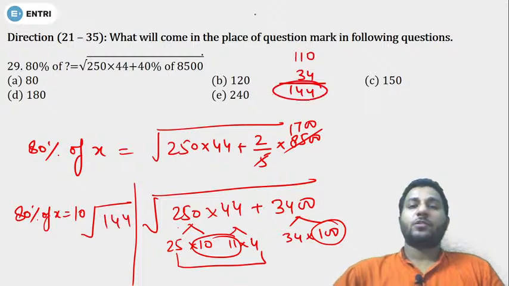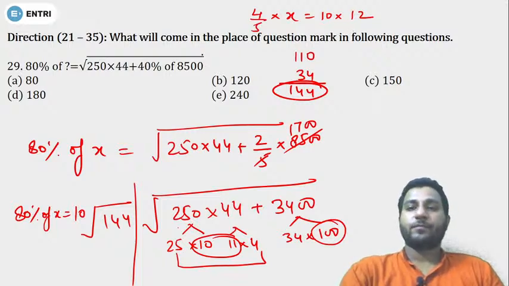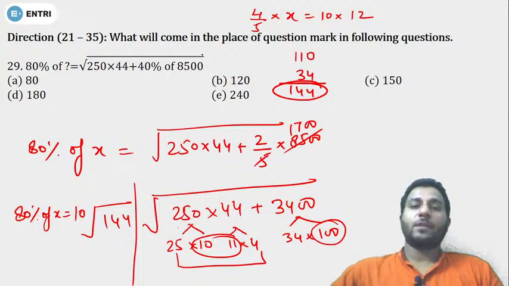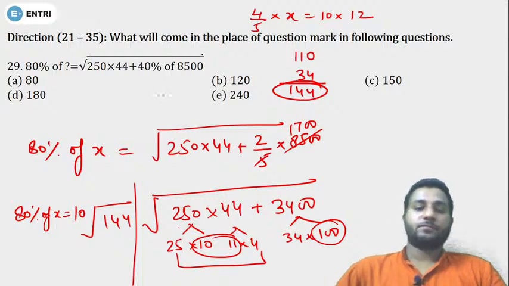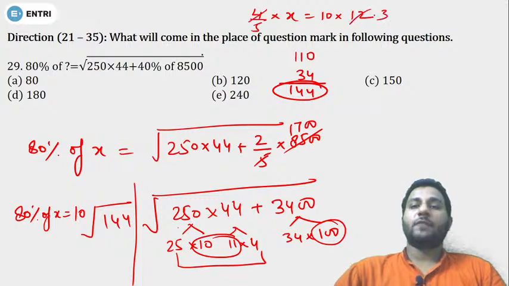Okay, so 80% means 4 by 5 into x is equal to 10 into 12. Okay, now you can easily solve this question. Okay, now tell me what would be the answer. 4, 3 and 15, 150. So 150 will be the clear answer.